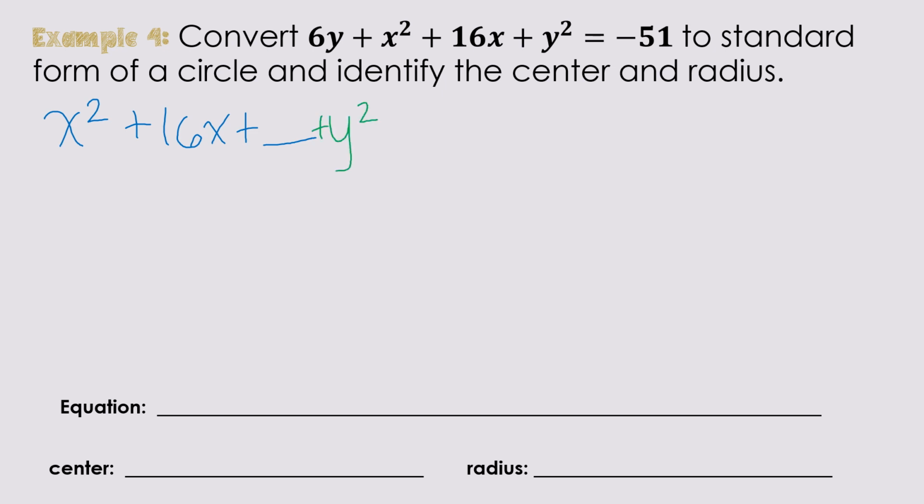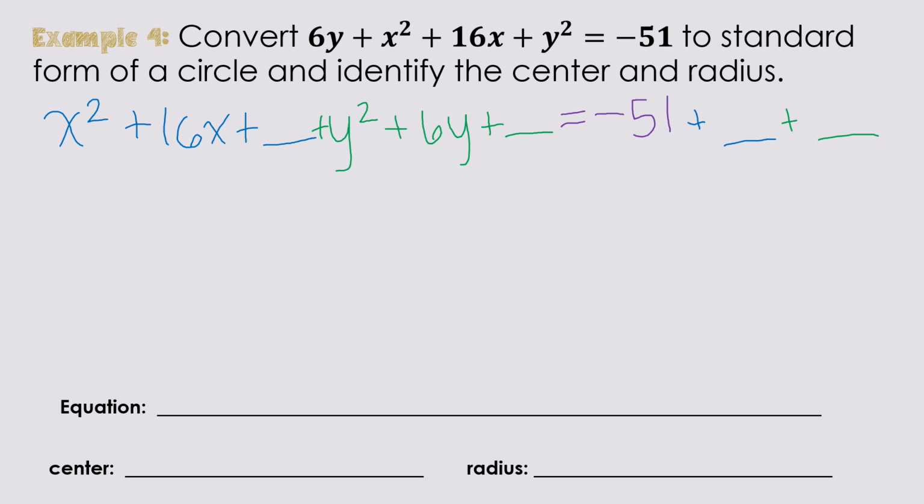It stays +y squared. Our 6y is on the left, and it's positive, so it's going to stay the same. And then our constant is already on the right side, so it's going to stay negative 51. Just going to make sure that I have my places so I remember to balance my equation as I add those numbers to the left side.